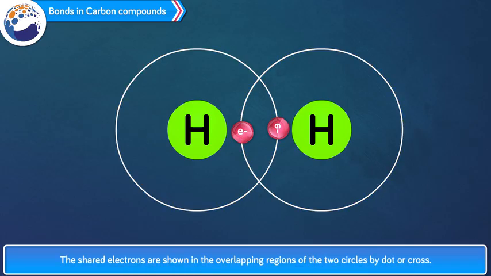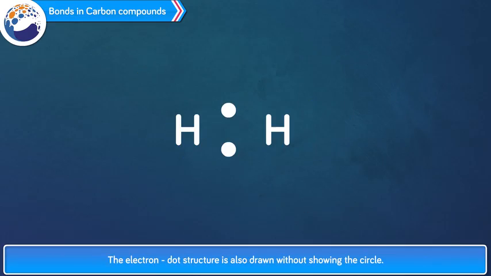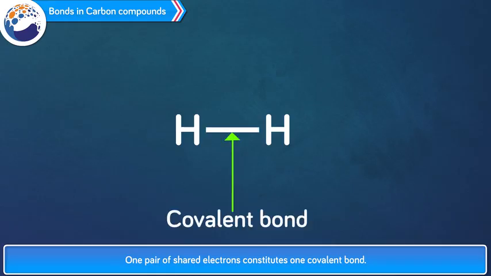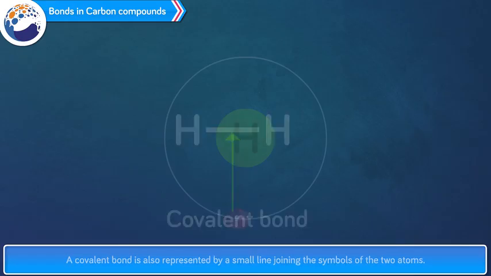The shared electrons are shown in the overlapping regions of the two circles by dot or cross. The electron dot structure is also drawn without showing the circle. One pair of shared electrons constitutes one covalent bond. A covalent bond is also represented by a small line joining the symbols of the two atoms.